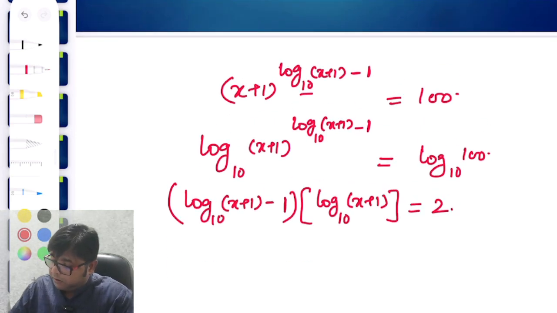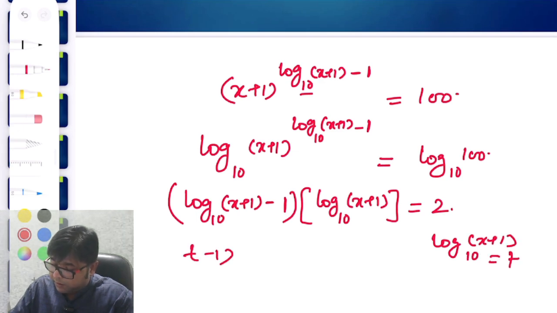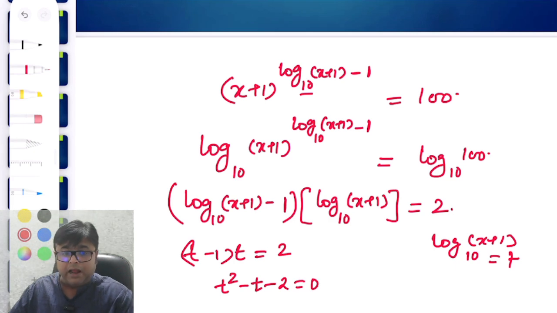Now let's put log base 10 x plus 1 as t, again a substitution so that it becomes easy. It becomes t minus 1 into t is equal to 2. This is again a quadratic. t squared minus t minus 2 equal to 0. And this will give me the value of t as 2 or minus 1.